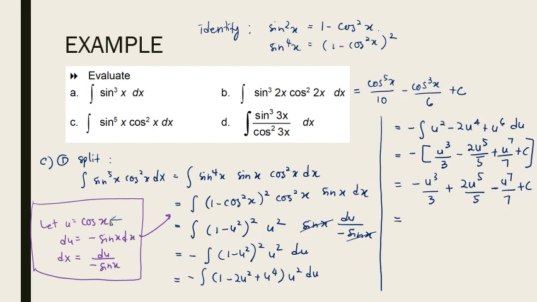So the answer is negative cos cube x over 3 plus 2 cos power of 5x over 5 minus cos power of 7x over 7 plus c. Okay, so these are the answers.